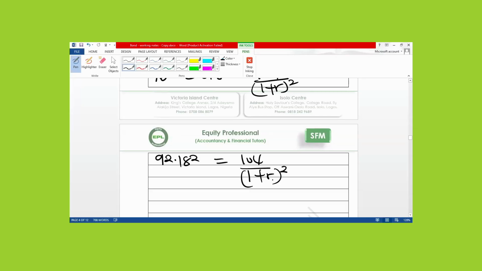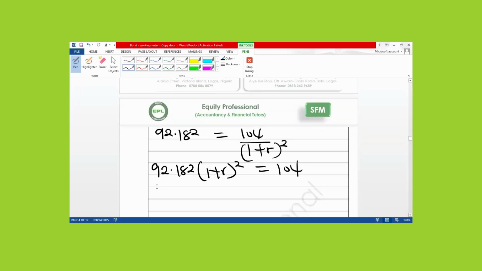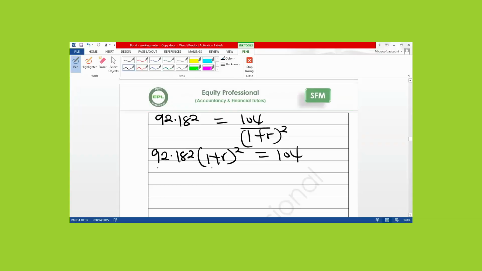Mathematician, what do we do now? We can cross multiply. What next? We can divide both sides by 104 over 92.182.